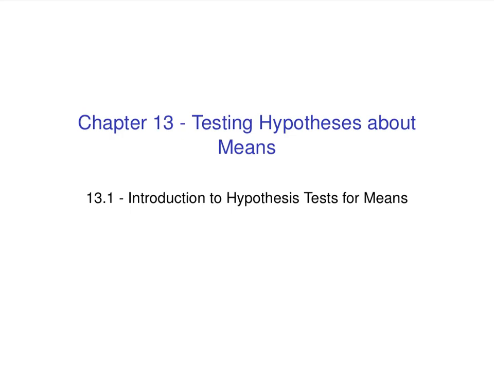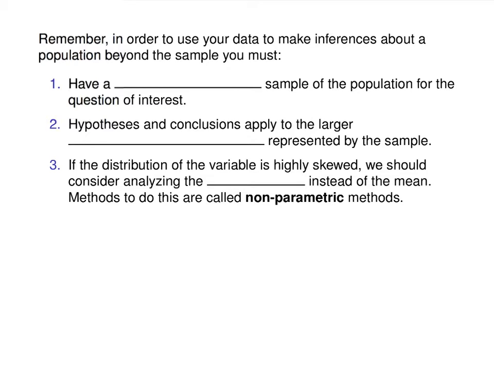In the previous unit, we tested hypotheses about proportions, and in this unit, we're going to test hypotheses about means. So first, remember that in order to use your data to make inferences about a population beyond the sample data, you first have to have a representative sample of the population for the question of interest.